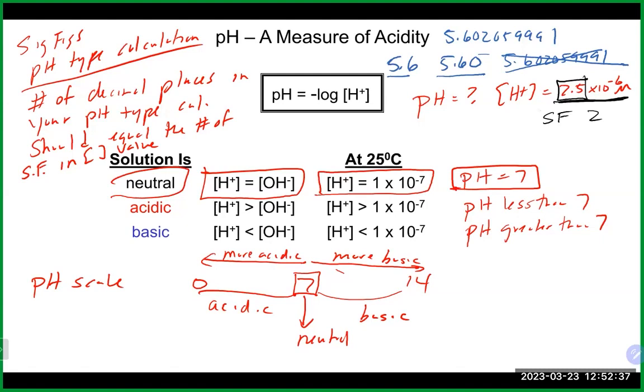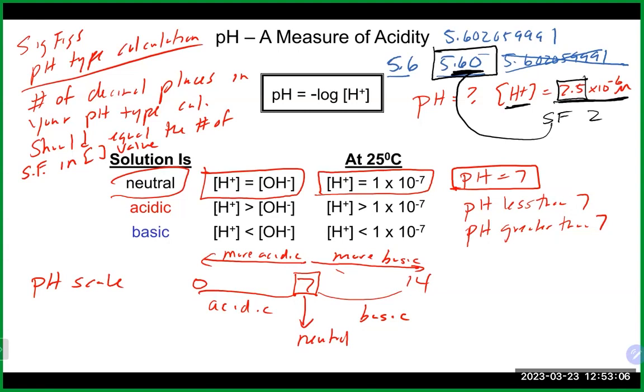The number of significant figures in our concentration value is not how many significant figures our pH should have, but it is how many decimal places we should have, which would be 2 decimal places. So the correct answer should be 5.60 in this case. So 2 significant figures in the concentration translates into 2 decimal places, not significant figures, in the pH value.